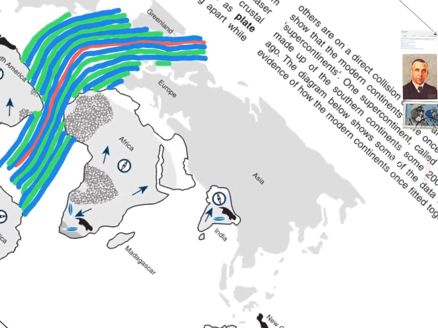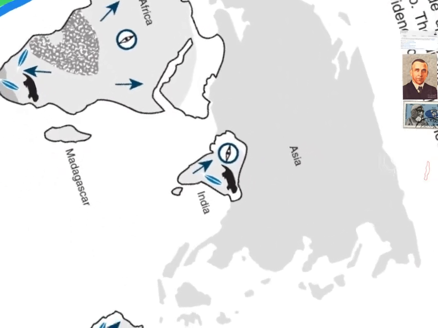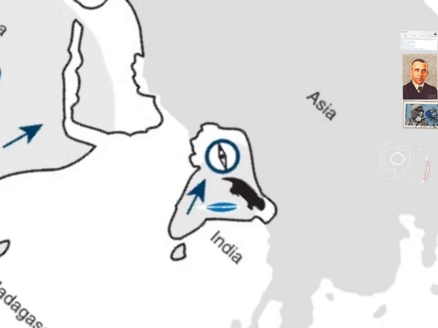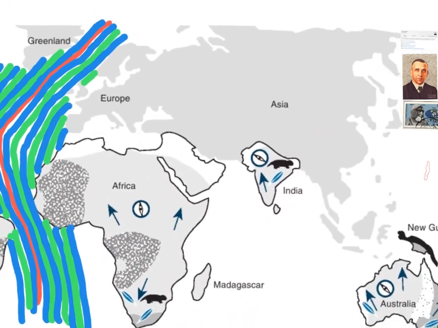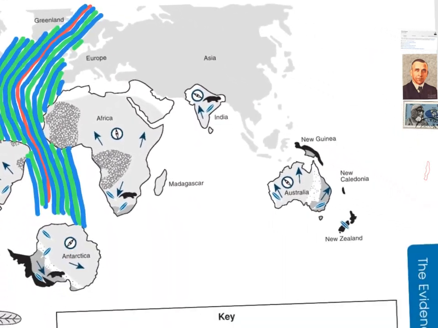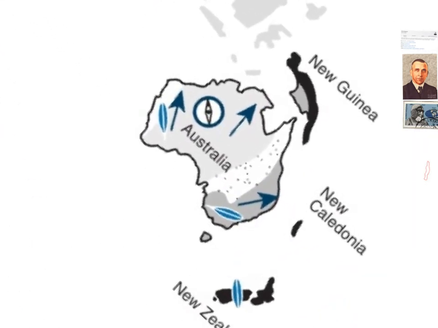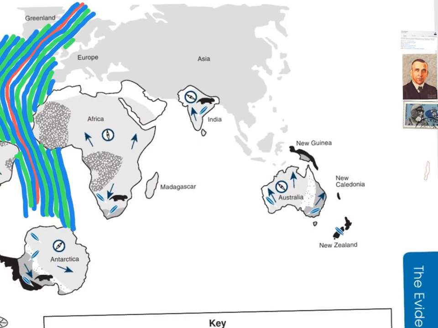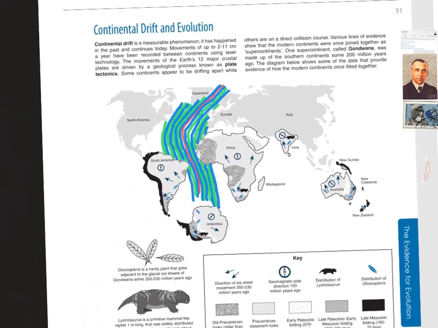India, at some point, was like this, because that would be north. But somehow, over time, it twisted this way. And Australia was like this, but somehow over time, it moved to that orientation.